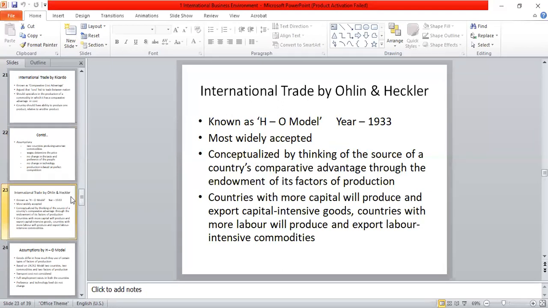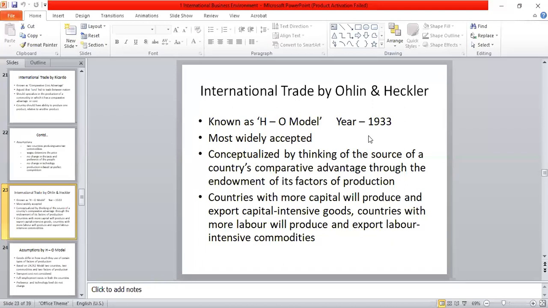Now the last and third theory is known as the HO model. H stands for Heckscher and O for Ohlin. Their points are conceptualized thinking of the sources of a country, and they focus on factors of production. Last lecture I told you what the factors of production are.